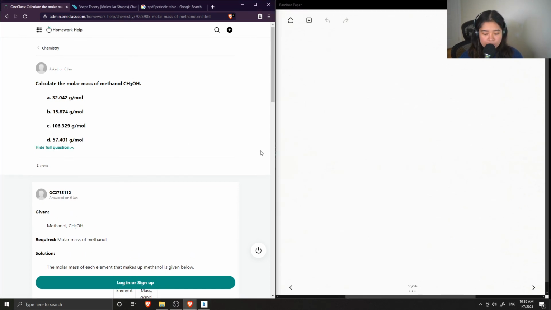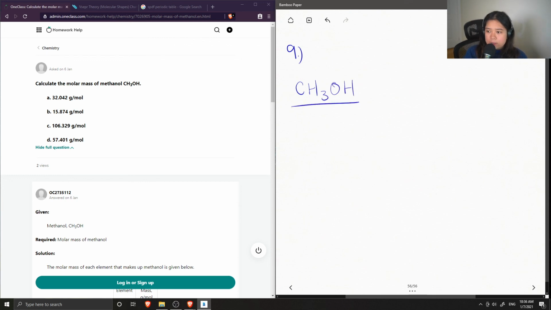Okay, so question number 9 is to calculate the molar mass of methanol. So methanol is CH3OH. To find the molar mass of methanol, we would need all of the different molar masses of the atoms involved.